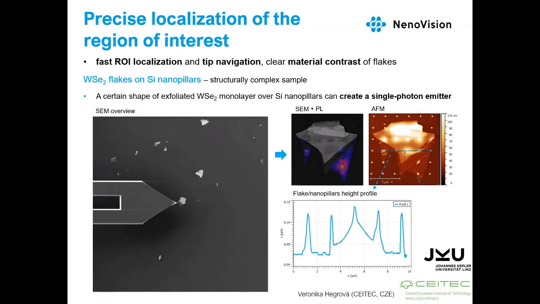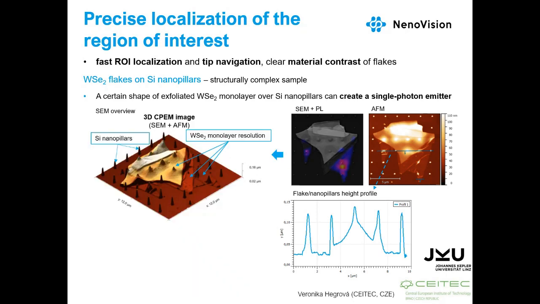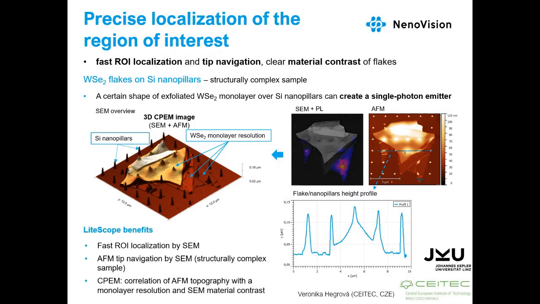I can nicely measure the profiles, and then I can also put it together. So I can nicely visualize the individual layers, which colors represent them, but then also the topography, and I see how the flake is following the substrate. So yes, fast region of interest localization is extremely important, and also in this case the correlative AFM and SEM imaging.